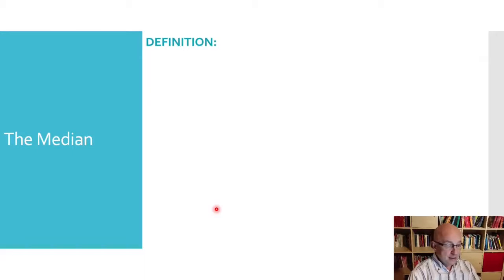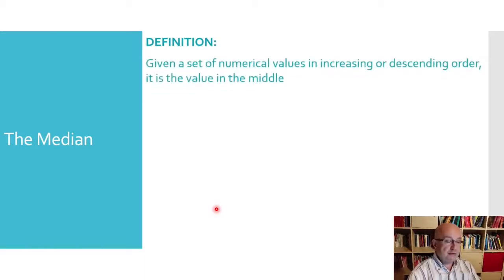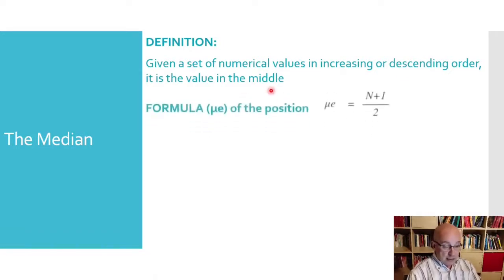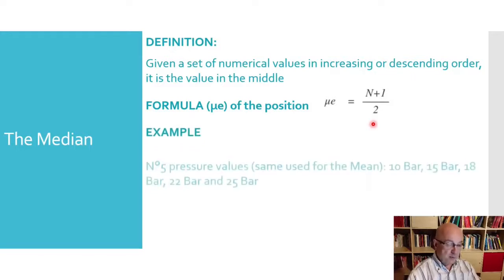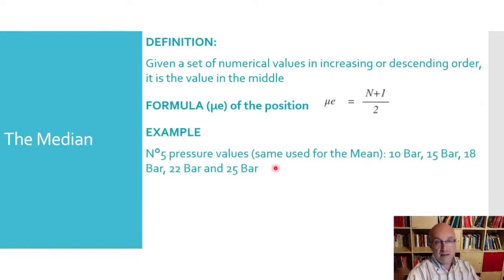And the median, again a simplified definition. Given a set of numerical values in increasing or descending order, it is the value in the middle. This is the formula of the position. Again, I won't spend time on this formula, but I will make an easy example. So again, the 5 original values, those used to calculate the mean and the standard deviation, so 10, 15, 18, 22, and 25.